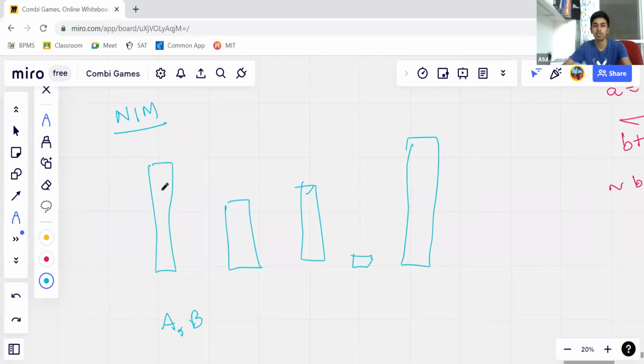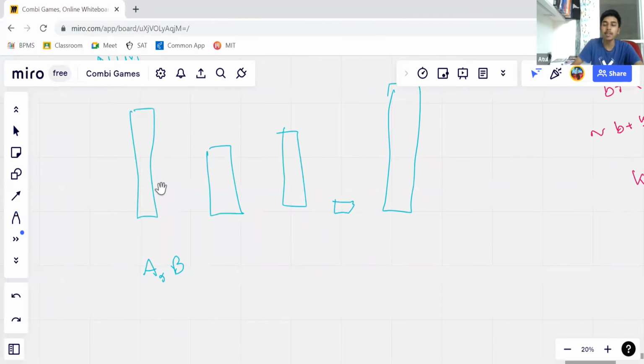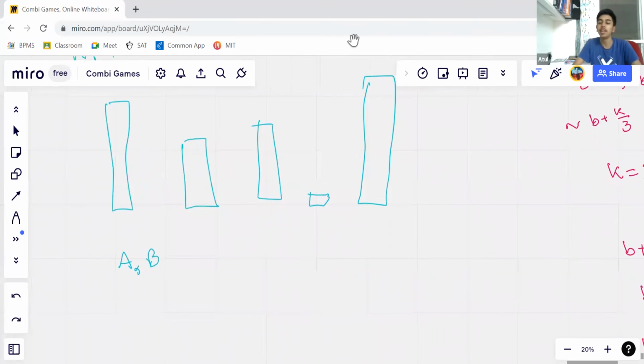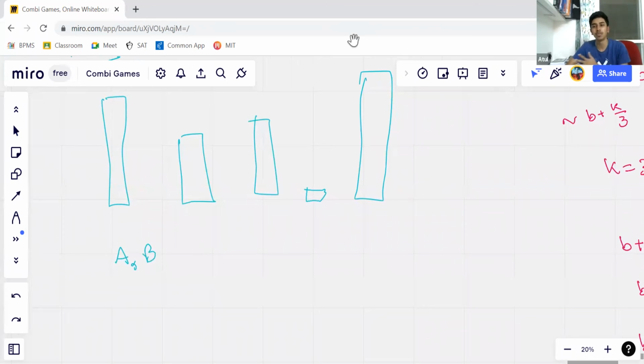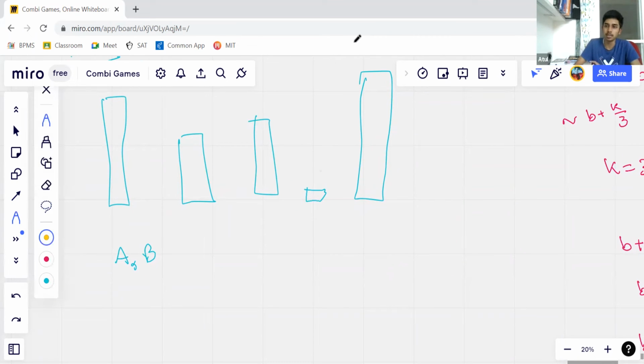So you can't pick a stone from here as well as here. You can pick from one thing. The aim of the game is to pick the last stone. And the problem asks, across all these configurations, how do you decide who has the winning strategy, based on just the number of piles and how many are there in each pile?